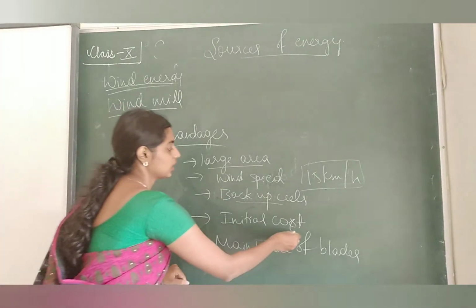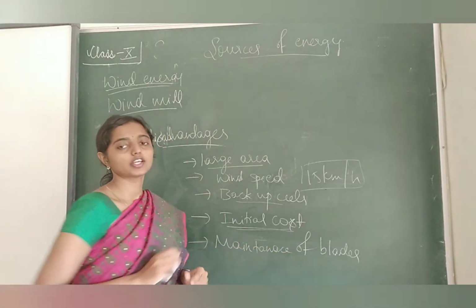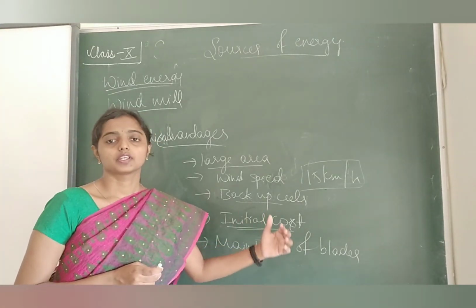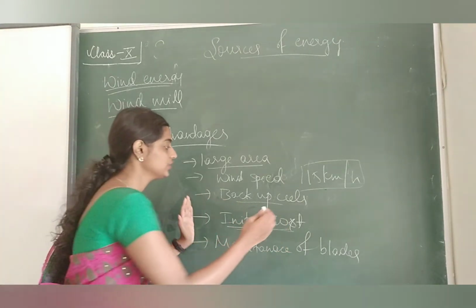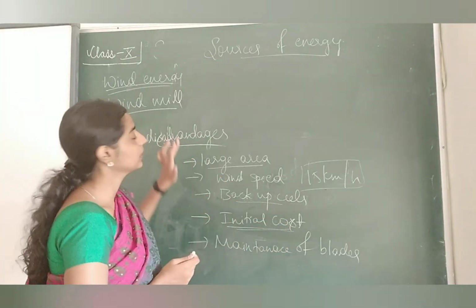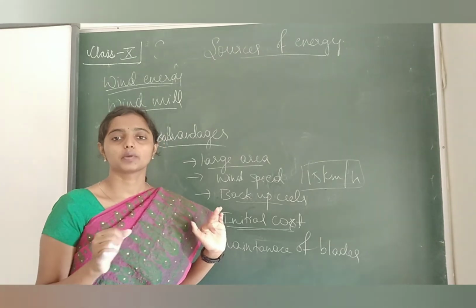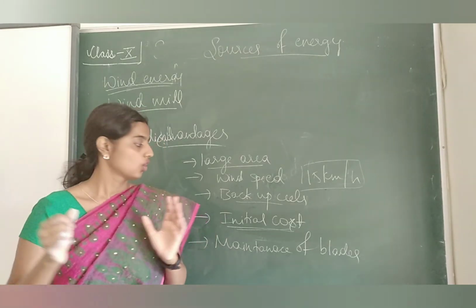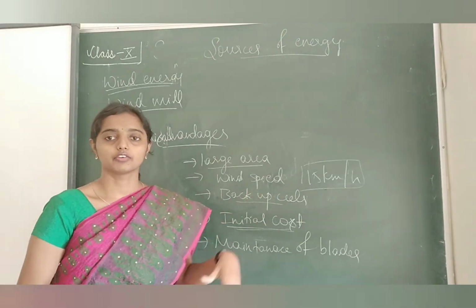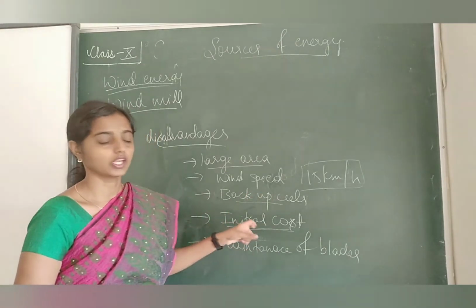And initial cost. In the advantages I told, we won't get recurring expenditure. That means the first establishment of a windmill costs very much. So when the cost is high only at the beginning stage, it is difficult to plant everywhere. So initial cost is very high.